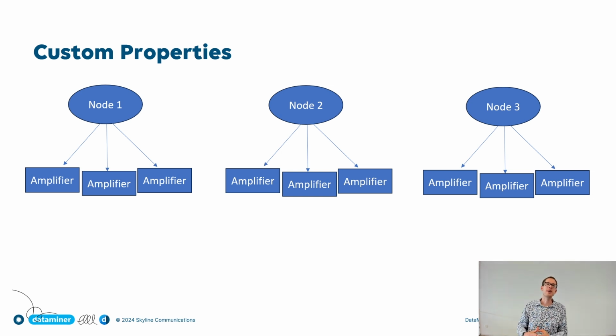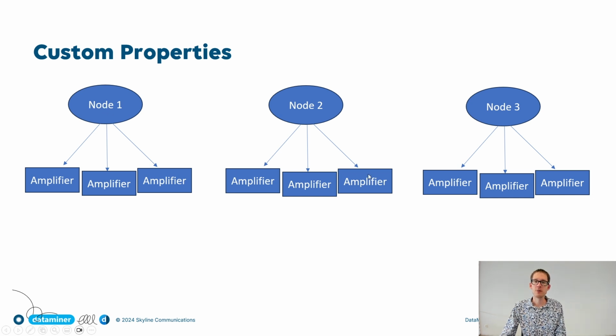The idea would be that you add a custom property called parent node, for example, to the alarms on amplifiers. So you can arrange, maybe by changing the protocol or other things, you can make sure that the alarms that are triggered by these amplifiers contain a property called parent node, and that the value of this property is node 1.